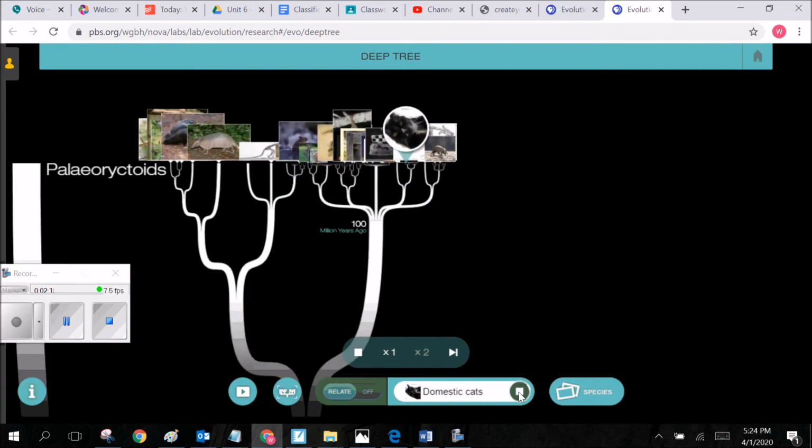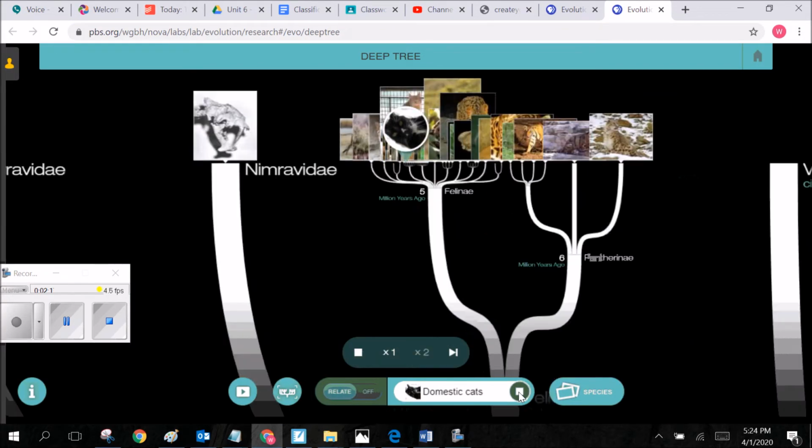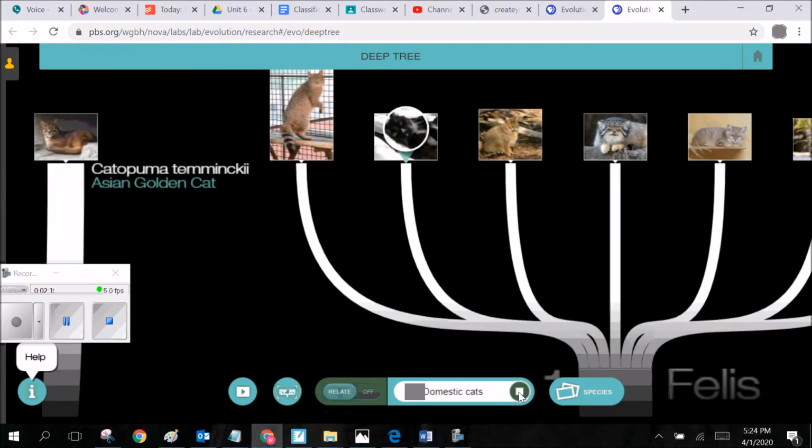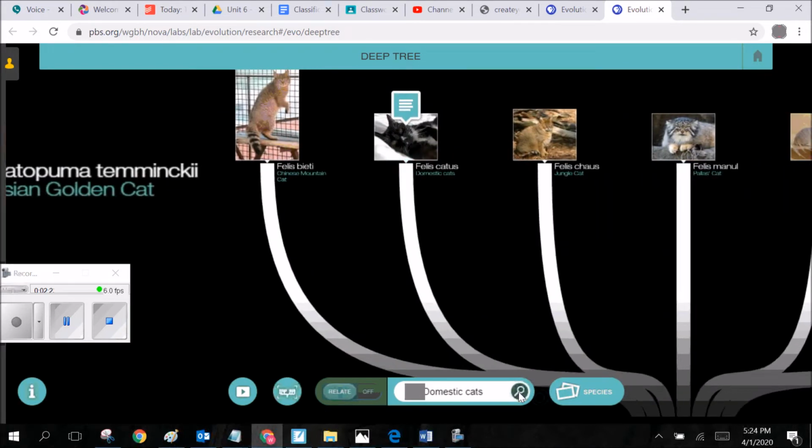And here we go, we're getting into mammals now, we're getting closer and closer, and there's the cat with its most common ancestor right about here to all of these other species of cat besides the domesticated cat. We have Felis chaus, which is the jungle cat, or Felis manul, the, I can't even read that, the something cat. Then we have the Chinese mountain cat, Felis bieti. That's really awesome. This is a really cool program.